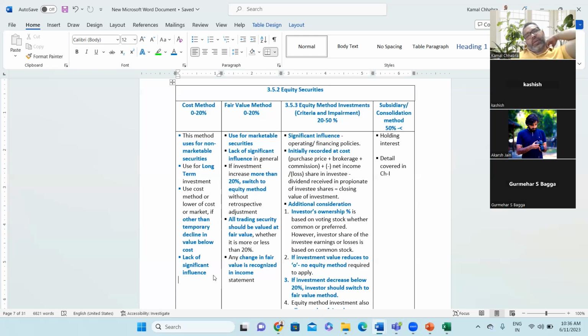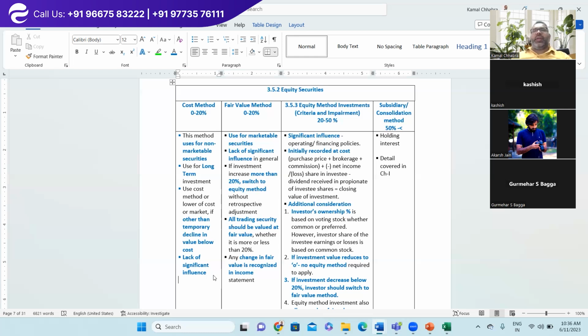So in that scenario, you have a readily available market price of those investments through the respective stock exchange, right? Again, the second important thing is that it lacks significant influence. If significant influence is there, then you will be using the equity method of investment. And if you are holding more than 50%, then you are using the consolidation method.